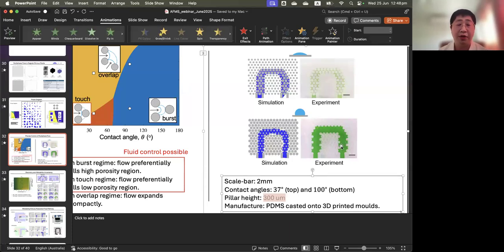We use 3D printing firstly to print out the mold, and then we cast the PDMS onto the surface to make the pillars because the PDMS is transparent. And also we can change the wettability or contact angle of the PDMS. So that's why we chose this material.